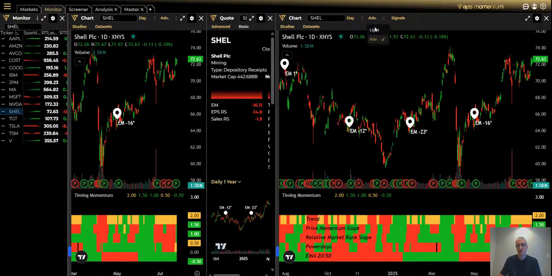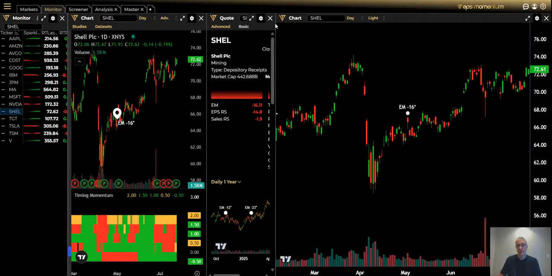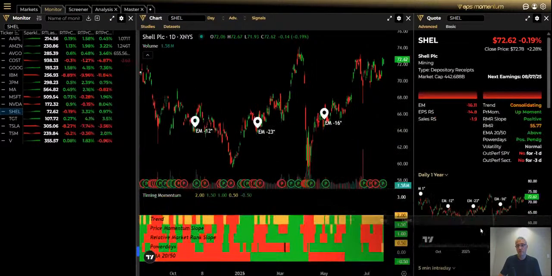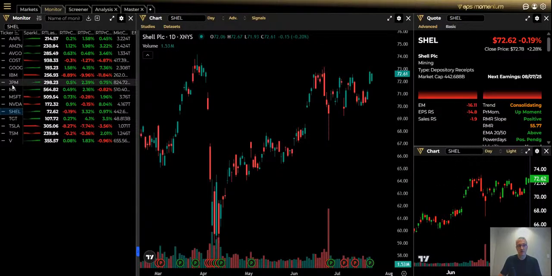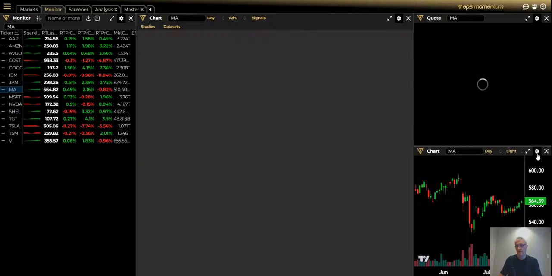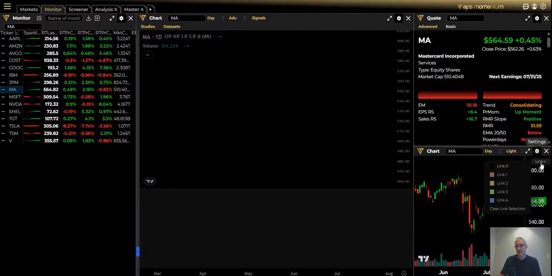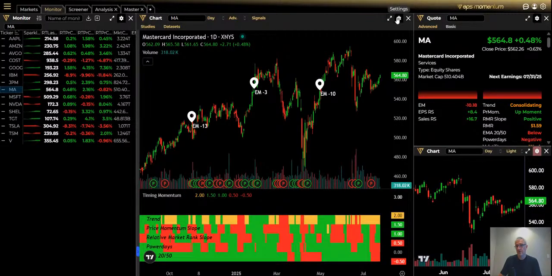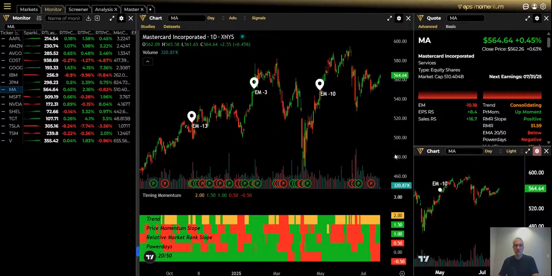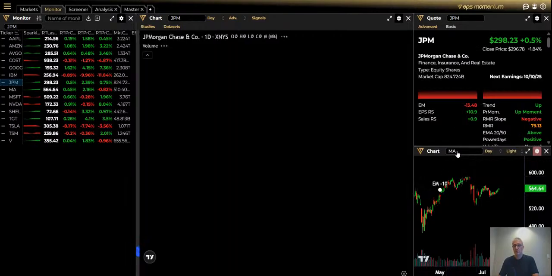So instead of an advanced chart, I'm going to create a light chart, make it very small, and put it at the bottom here. So here I have a quote, and here I have a chart. Whenever I click on a name, it refreshes everything. But what I'll do is link it to a different color. Notice the color here is black, and this one is red. So it will not link if I click on the ticker. If I click JP Morgan, this one doesn't refresh, right?